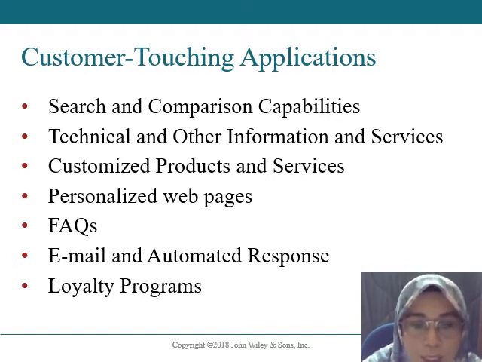Okay, so next we have technical and other information and services. So this one is the application that gives a personalized experience offered by the organization to induce the customer to make a purchase or to remain loyal. For example, by allowing the customer to download product manuals, provide the detail about technical information, maintenance information, or replacement parts to the customer.